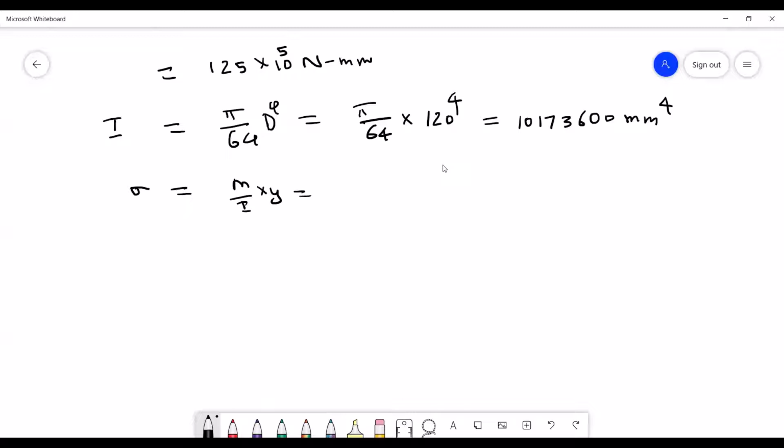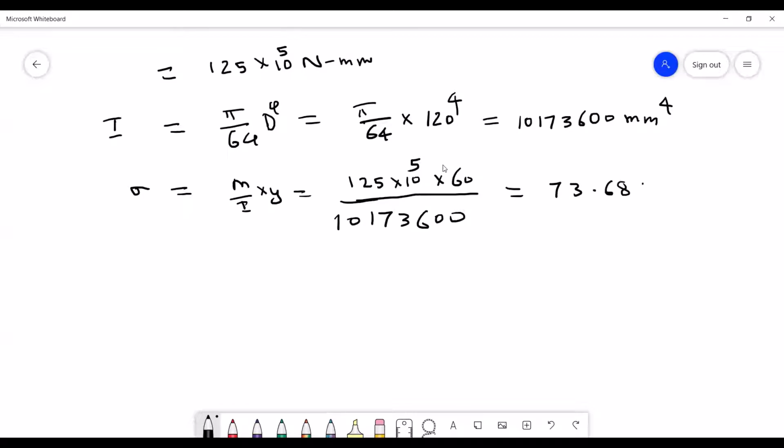M here is 125 into 10 raised to 5 and y is 60, divided by 10173600. So we are getting the answer as 73.68 Newton per millimeter square. So this is our maximum stress.